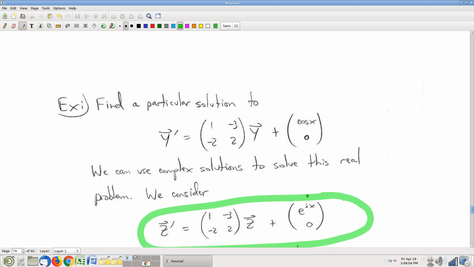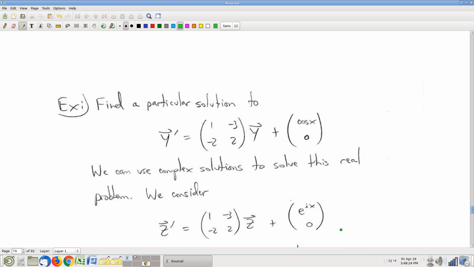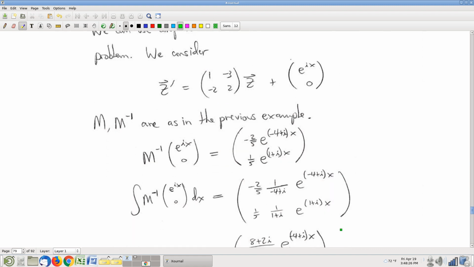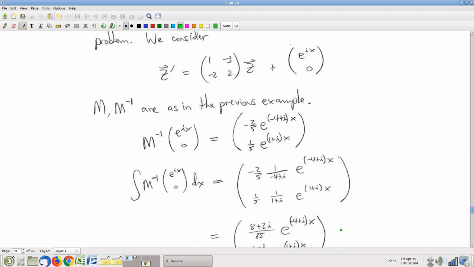By a totally analogous argument to the one we made in chapter 4, that solution Y is the real part of this solution Z. So if we can solve this complex exponential equation, find Z, let's take the real part. Okay. Nice move.